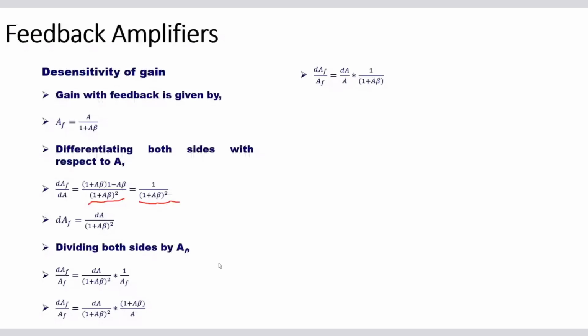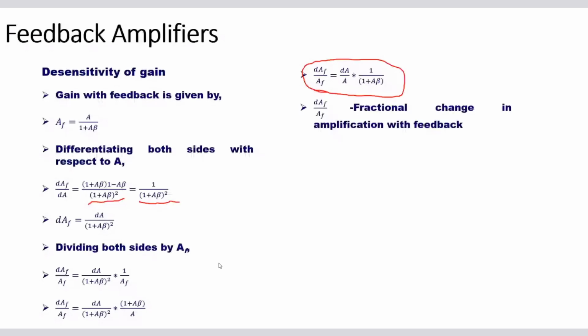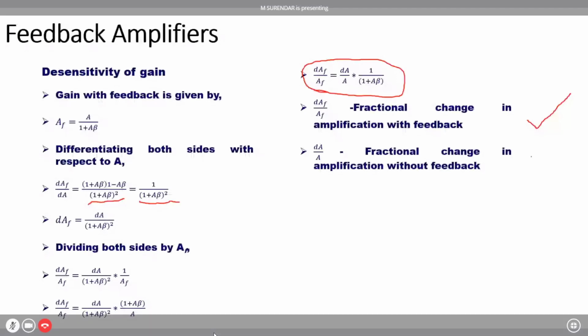So this equation we can write as dAF divided by AF, which is known as the fractional change in the amplification with feedback, and dA by A is the fractional change in the amplification without feedback.